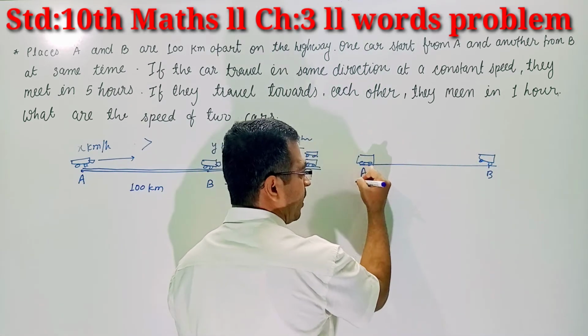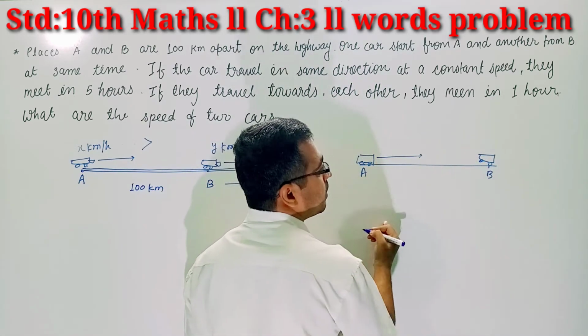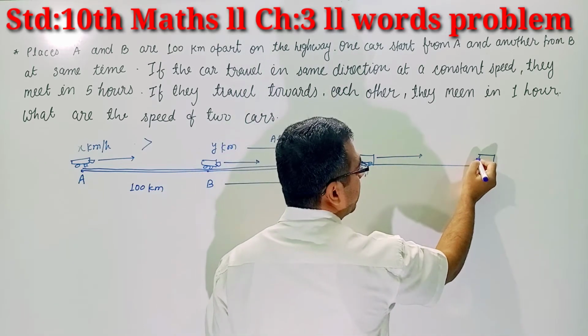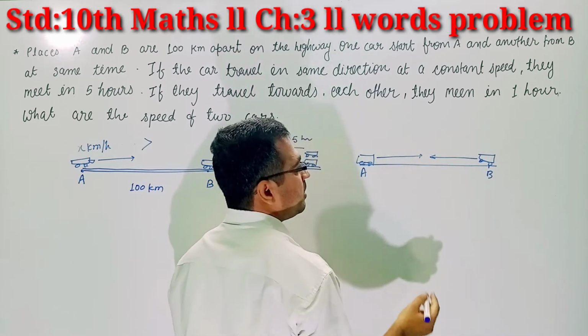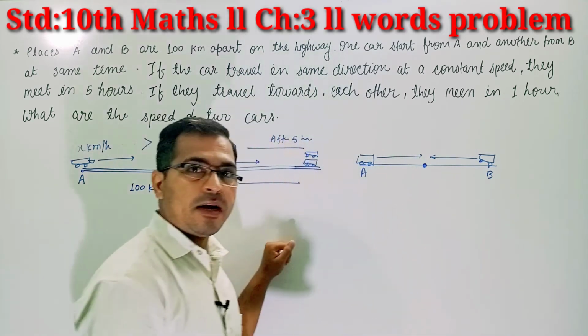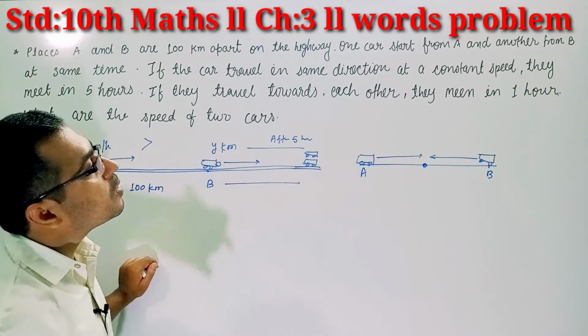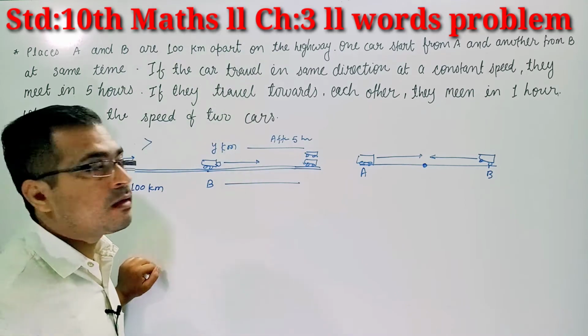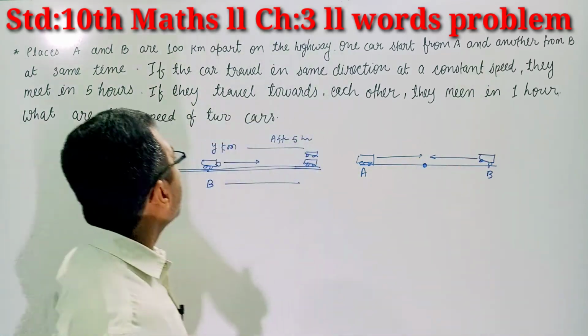The movement of this car is in the positive direction and this one is in the negative direction, which means they will meet somewhere here. So they meet in 1 hour.